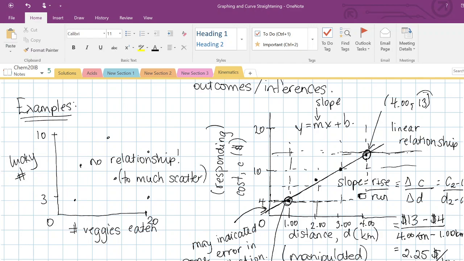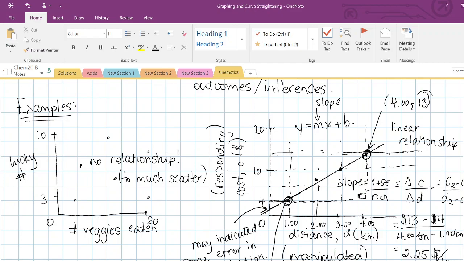There's way too much scatter in this data to be able to say that there's any sort of a relationship, right? So this particular graph wouldn't really help us very much. We'd probably go back to our lab, and we would have to figure out a better way to analyze this particular set of variables, right?